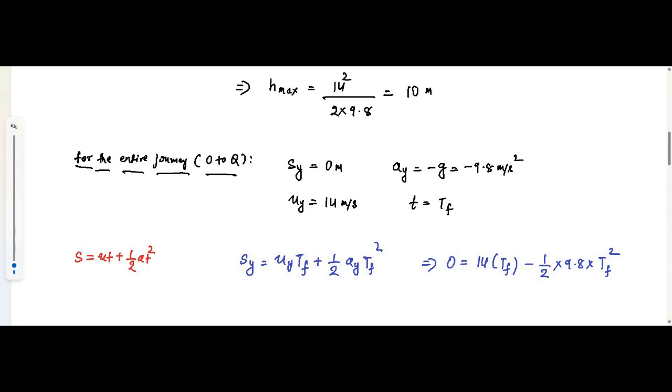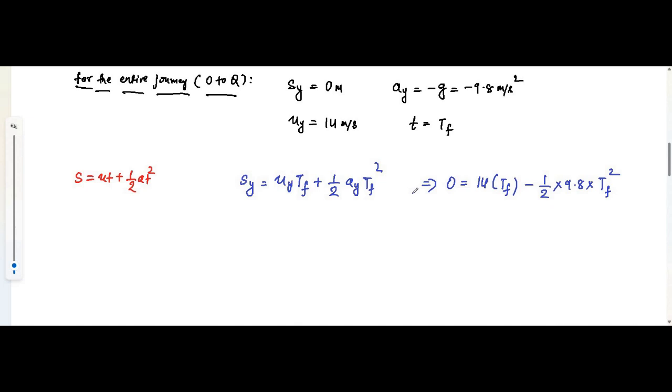Okay, so that implies 14 Tf is equal to 1 half into 9.8 into Tf square. So Tf, the time of flight, is equal to 14 into 2 by 9.8.